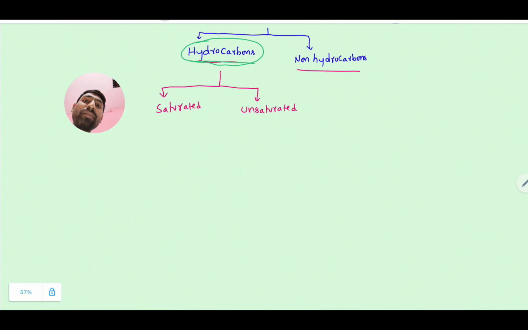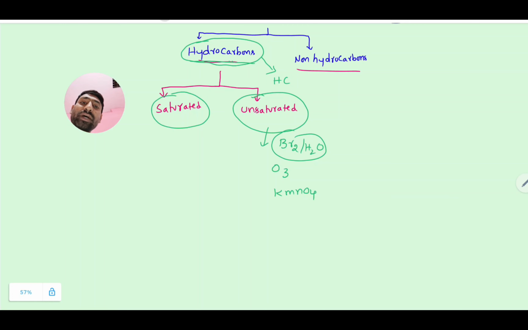Hydrocarbons mean compounds containing only hydrogen and carbon. These hydrocarbons are again divided into two categories, saturated and unsaturated hydrocarbons. Unsaturated means organic compounds that decolorize bromine water, readily react with ozone, and decolorize KMnO4.